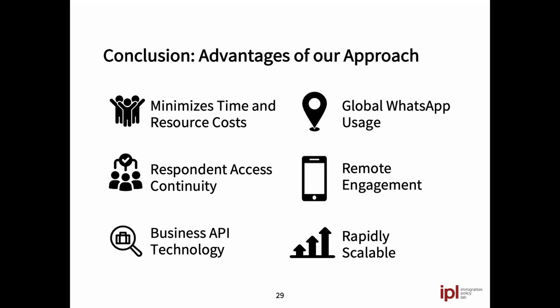Business API technology, while it may be a new world for some of us, I think because it does really power so much of the private sector, we were encouraged to think about how this can be leveraged and appropriately used in research and nonprofit service contexts. And we hope that we will continue to see more case studies and implementations out there as well.